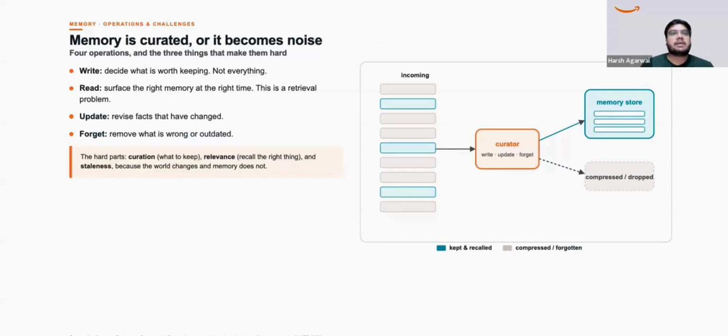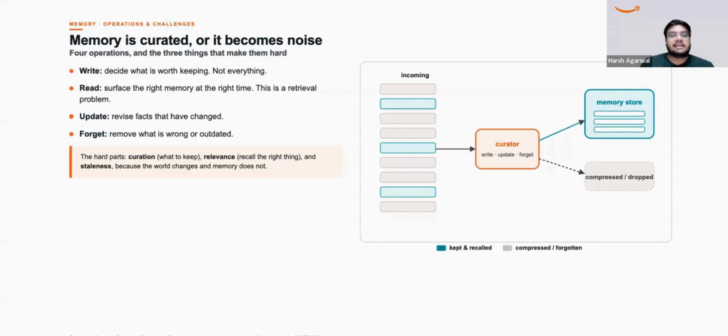And yeah, this is the conclusion of how you need to handle memory. There are three things that I like to call out, and you should watch out for them. The first one is curation, knowing what to keep versus tossing out. The second one is relevance, which is pulling the right memory at the right time, and again, it is like retrieval.